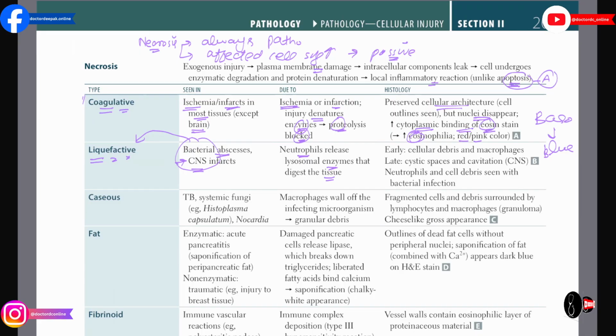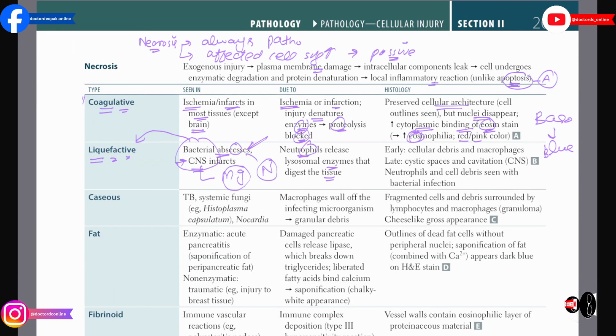And if they ask about the abscess, how do you get liquefactive necrosis, how does your tissue become liquefied? You can say when the person gets an abscess, in the abscess there are proteolytic enzymes released from the neutrophils, and these enzymes liquefy the tissue. In brain infection, your microglial cells release the enzymes, but in the abscess, your neutrophils release the enzymes which liquefy the tissue.